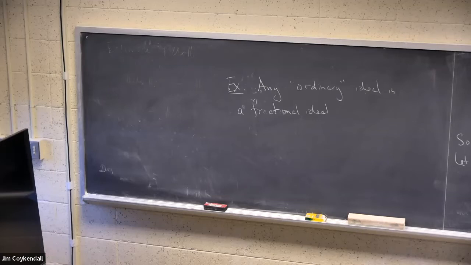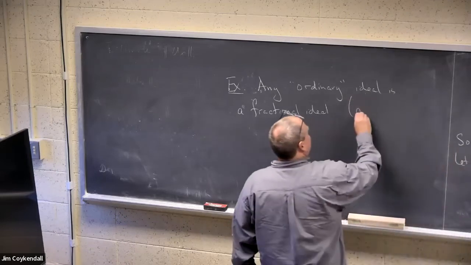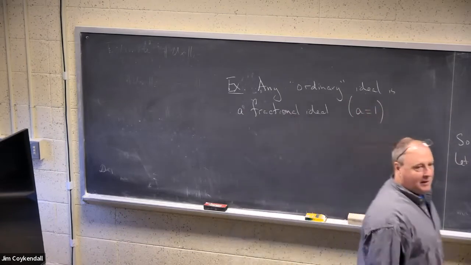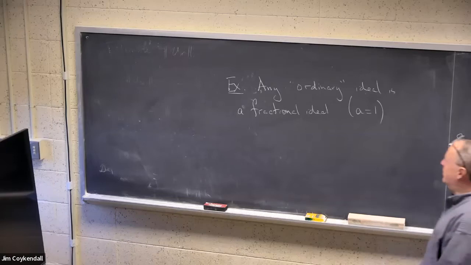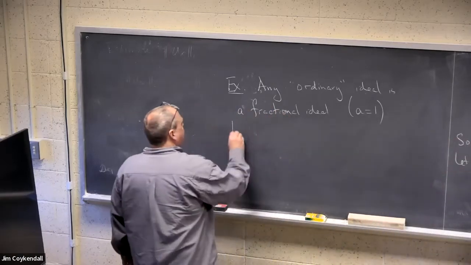This is certainly contained in the quotient field because it's contained in the domain. And it's an R-module because any ideal is an R-module. So there you go. And you can take A to be 1, right? Because if it's already in there, then you're good to go. So any ordinary ideal is a fractional ideal. Well, that's good. So this definition isn't completely stupid. But there's other ones. So for example, or there can be other ones.